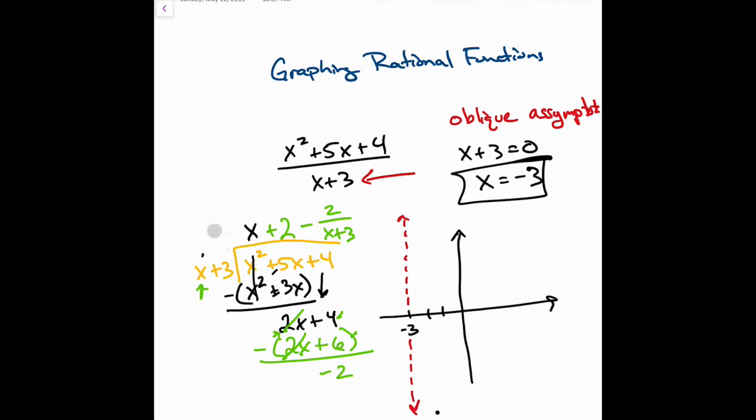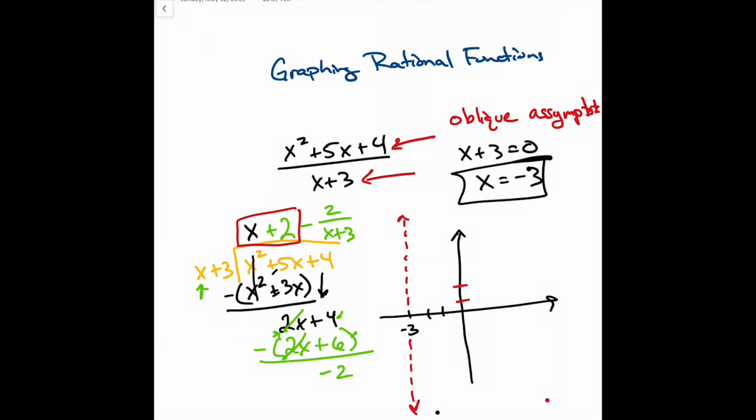Now that I have this worked out, the part of the answer that I want to pay attention to is actually the quotient, because right now I'm just looking for my oblique asymptote. That was because my numerator was 1 degree higher than my denominator. So I have x plus 2, and I want to graph that oblique asymptote.